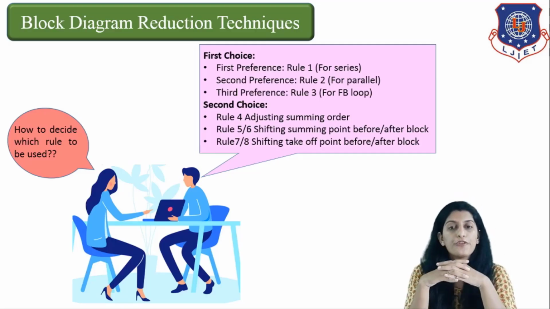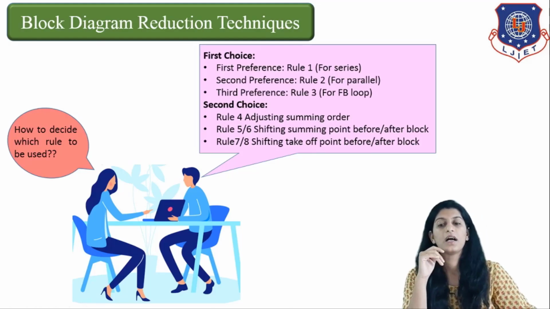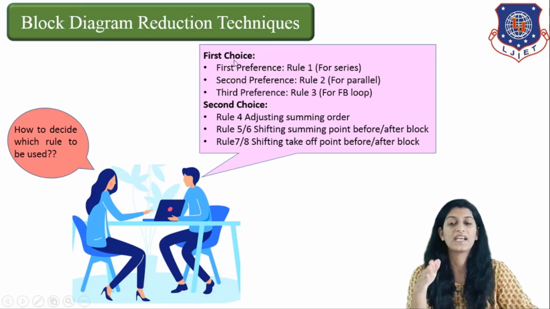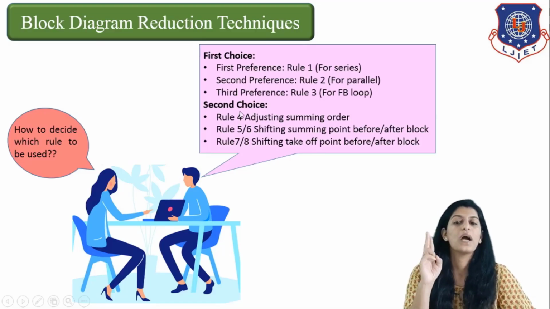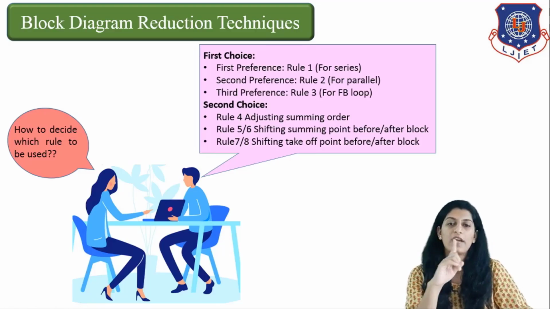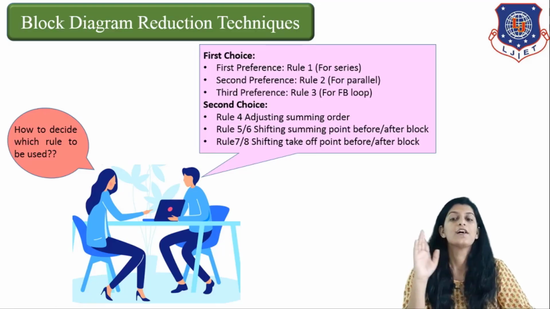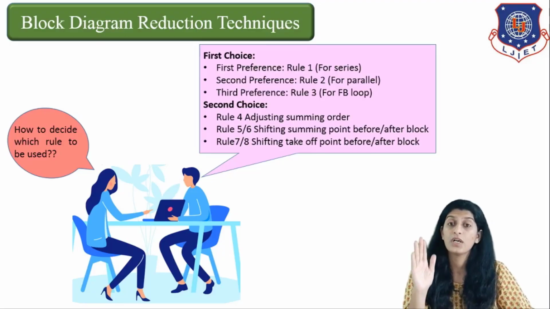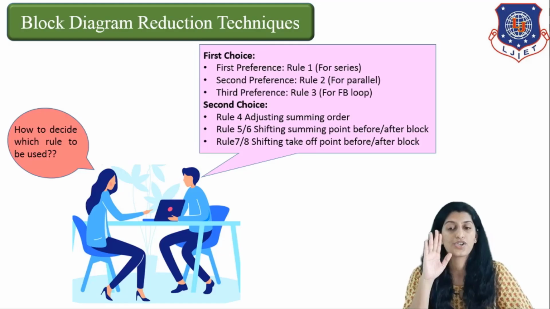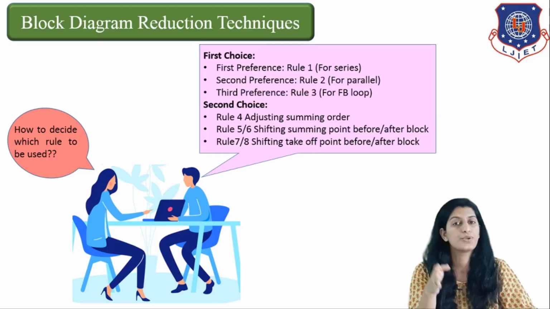If you look at this table, the first choice of selection amongst the rules is rule number 1, 2 and 3, and for the second choice we have kept rule number 4, 5, 6, 7 and 8. The first preference should be the first 3 rules, and even among those we must go in the sequence of rule number 1, rule number 2 and then only rule number 3.